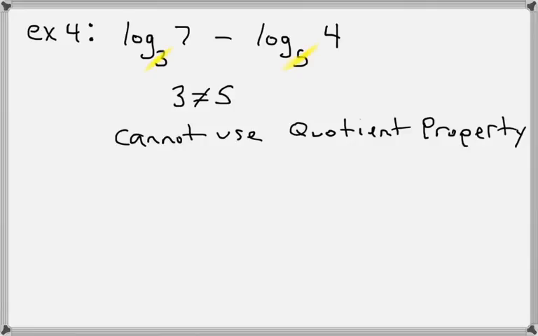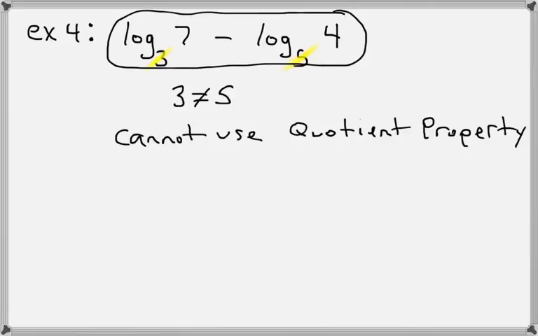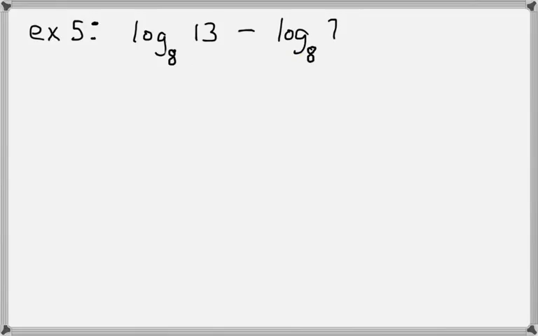We can't use it because our base is not the same, so our answer just remains what we had, a log base 3 of 7 minus a log base 5 of 4. So this would just be our final answer because we cannot simplify that using our quotient property.